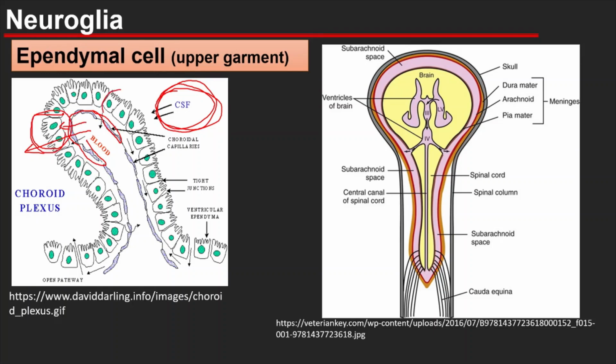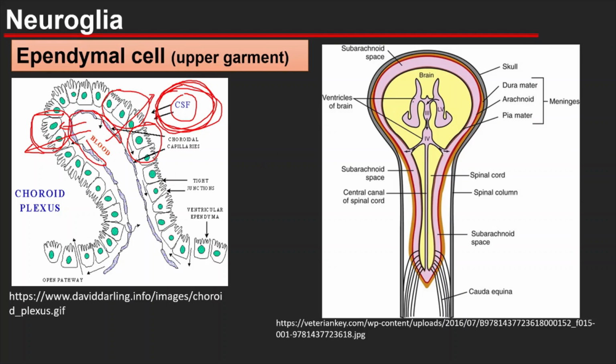So this ependymal cell acts as a filter, filtering the fluid coming from the capillary, and that fluid forms the CSF. So the ependymal cells are a selective barrier. Not all molecules can pass from the capillary to the CSF, but only selected ones. So we can say the CSF is the filtrate of the ependymal cell. Because of this action and arrangement, the ependymal cells produce the CSF.